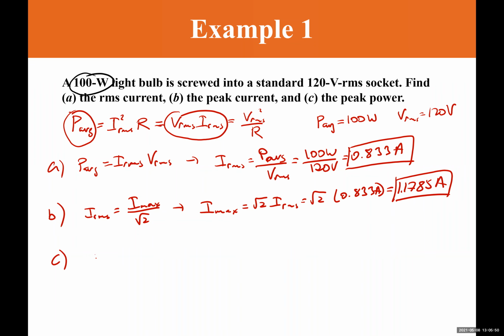Well, same way, right? The peak power here will be in terms of the current. So let's see.